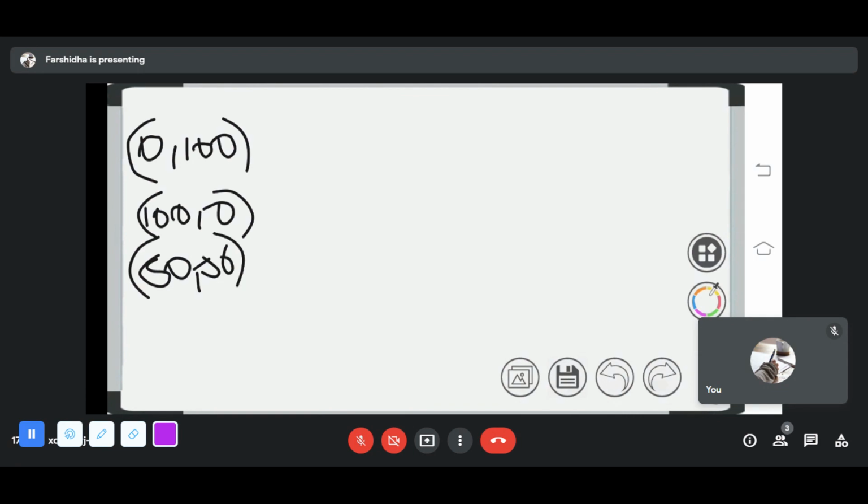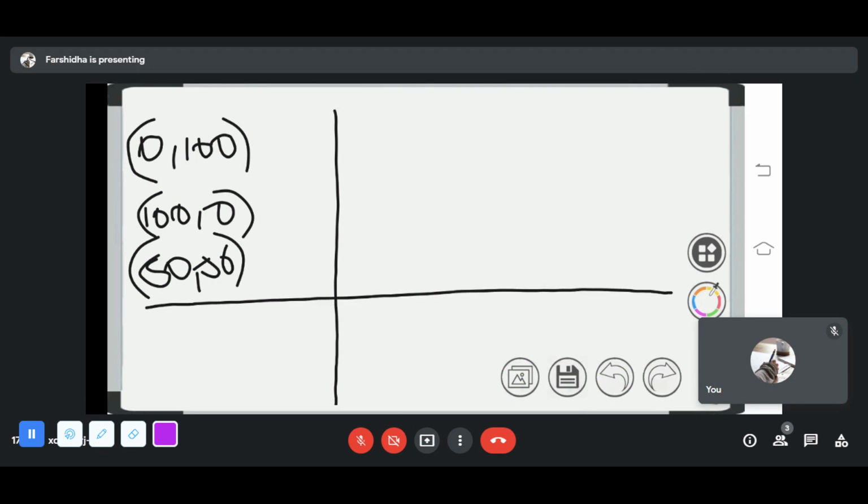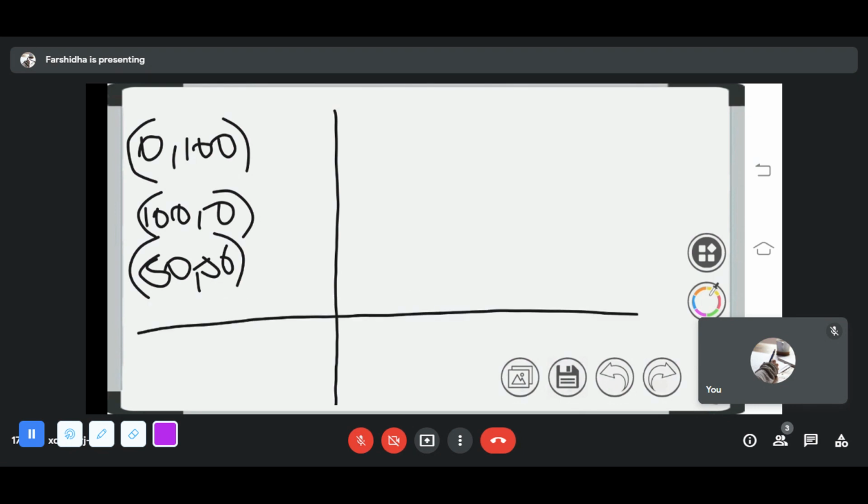Ma'am, for this equation, if we go till 100, it will be hard, right? So can we take shorter points?